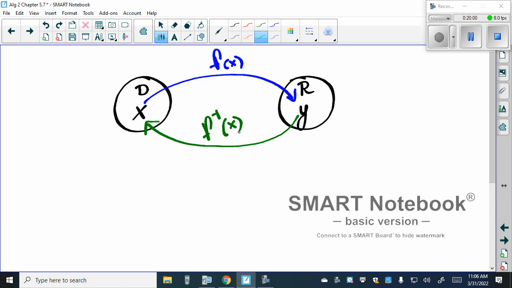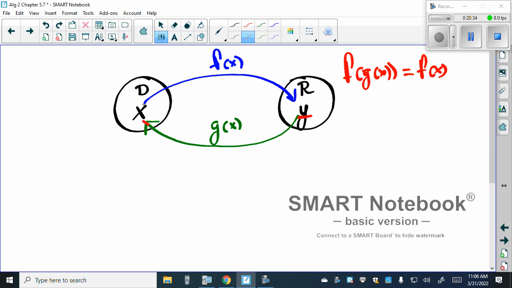We can plug that input in to find out what the output is, go back and forth. Yes? Now, here, I'm not going to call this f of x. We'll call it g of x. Now, what's interesting is if I take f of g of x for this setup, well, g of x is going to take me from the range to the domain, just giving me this kind of f of x value.